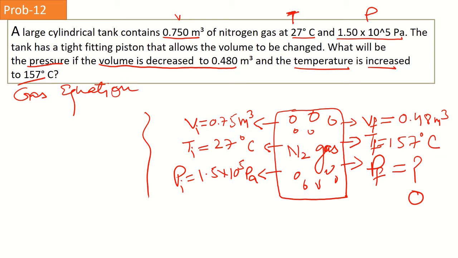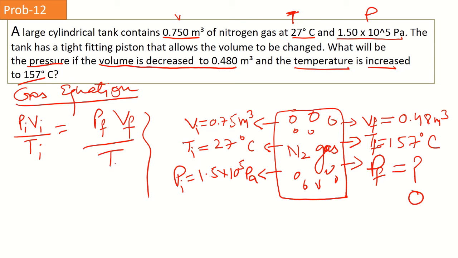I already solved some problems, so on the basis of that you can solve this. The formula you have to use is Pi Vi by Ti is equal to Pf Vf by Tf. So you take this one to one side.